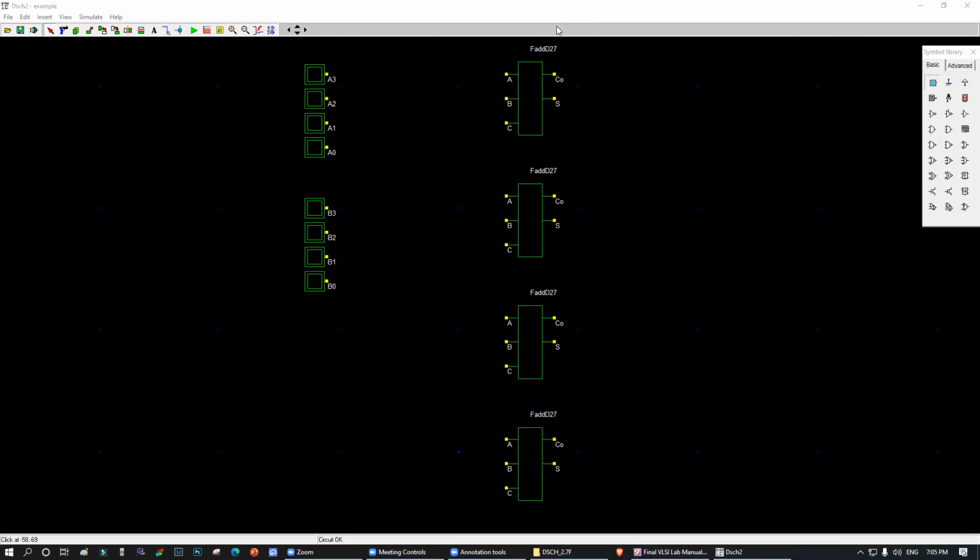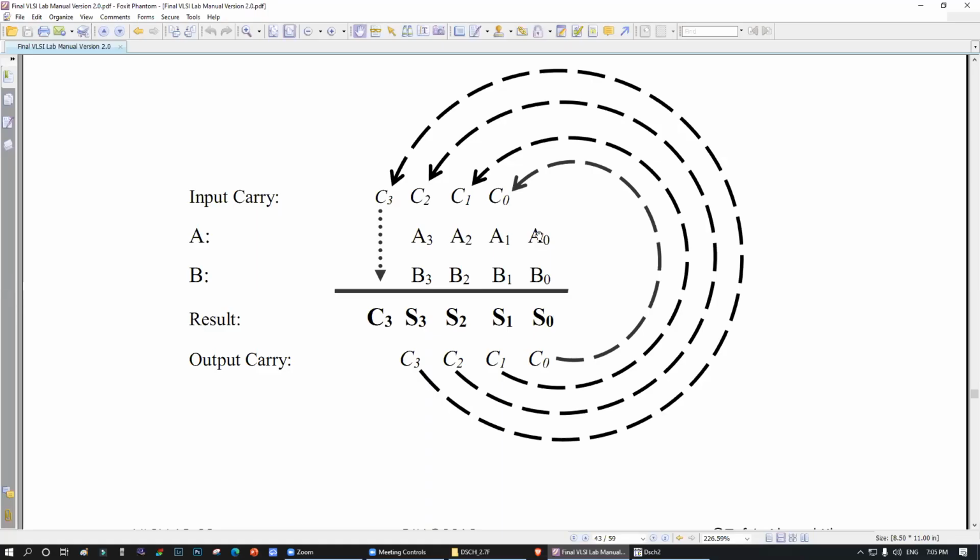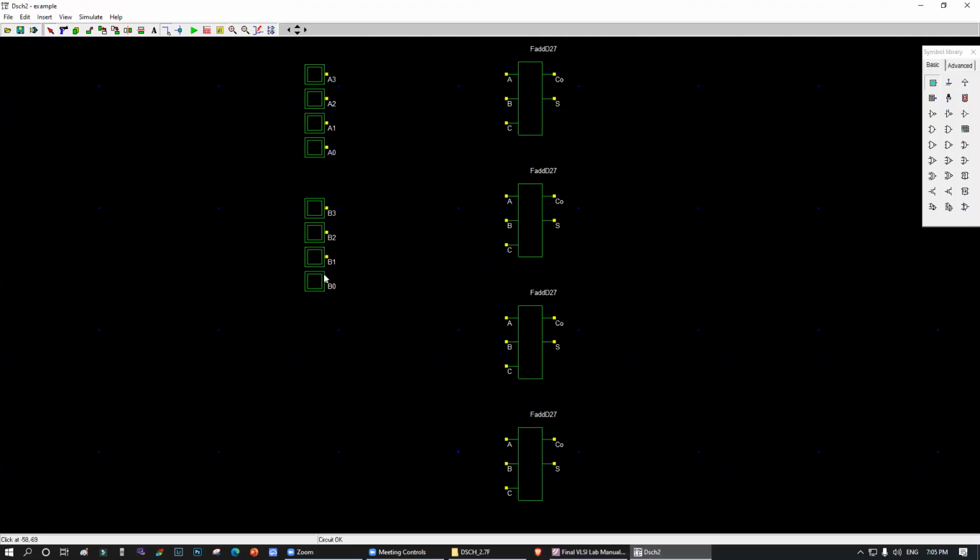Now I'm going to add them. So how can I add them? Remember the algorithm here. A0 and B0, they will be in one adder, right? A0 and B0, they will go to one adder. So let's connect them together. B will go to the B and A will go to the A. Here you have A0, here you have B0.